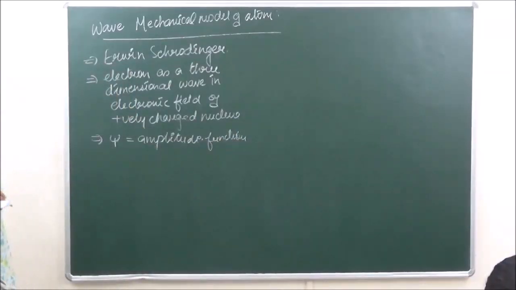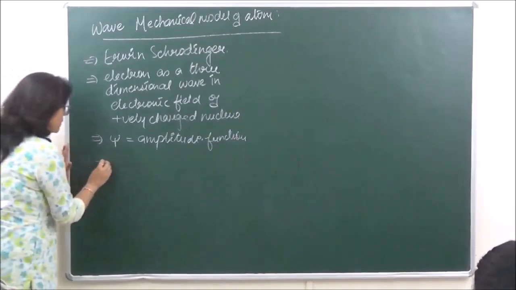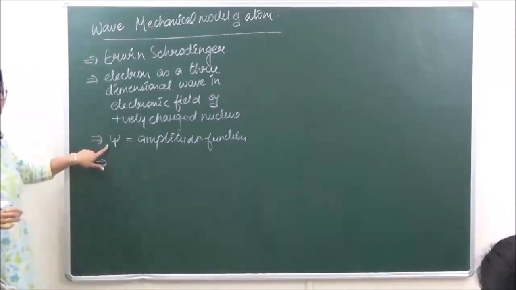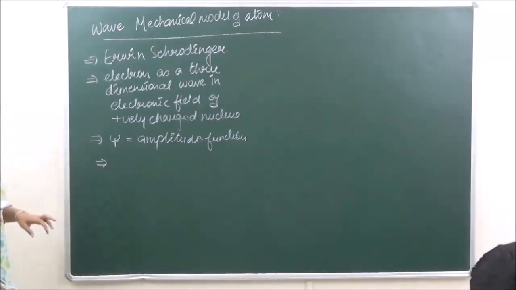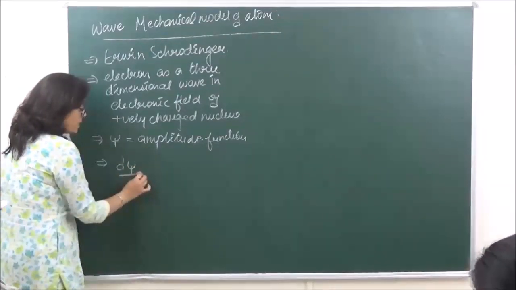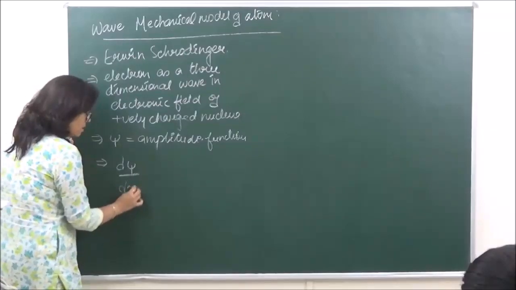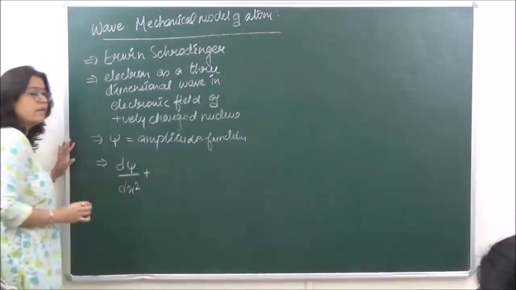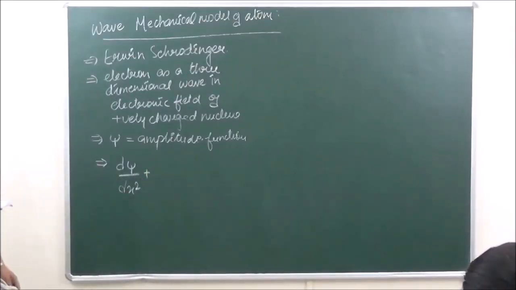Schrödinger also proposed an equation to explain the value of psi, and this equation is known as the Schrödinger wave equation. The equation is explained in three different coordinates, x, y and z.